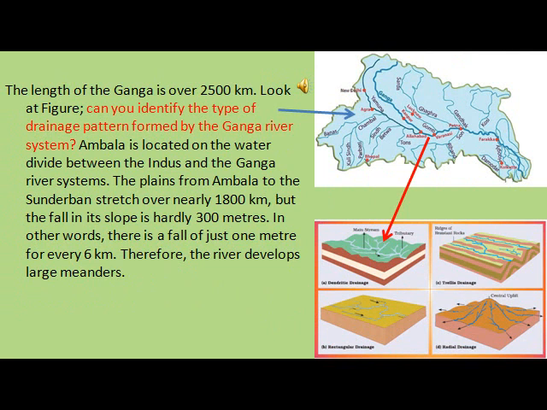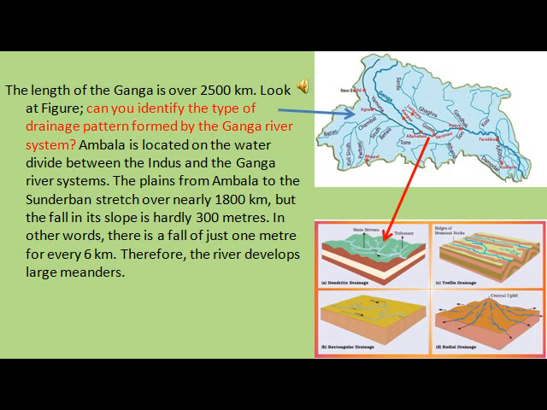The length of the Ganga is over 2500 km. Look at the figure. Can you identify the type of drainage pattern formed by the Ganga river system? If you see the figure, you will notice it is looking like the figure showing dendritic drainage pattern.